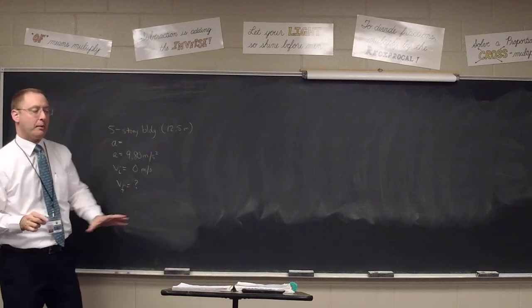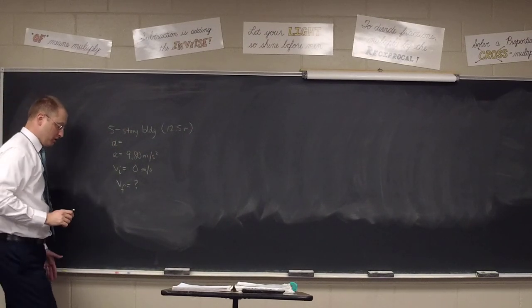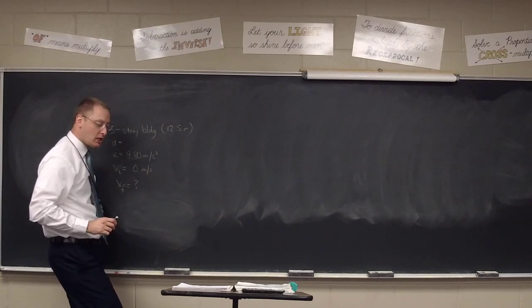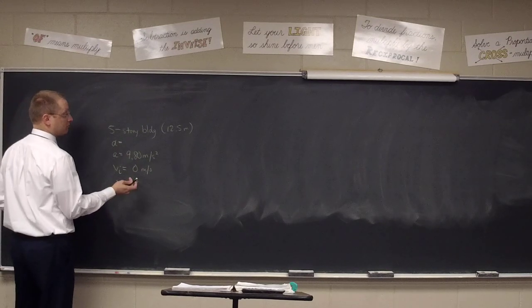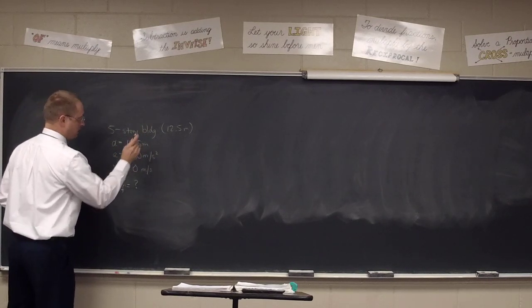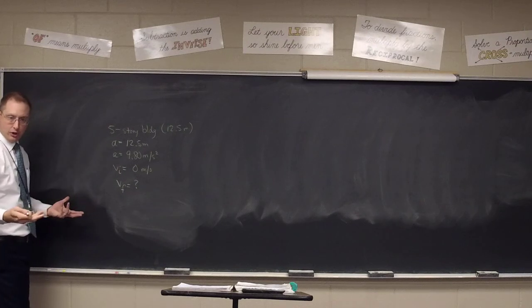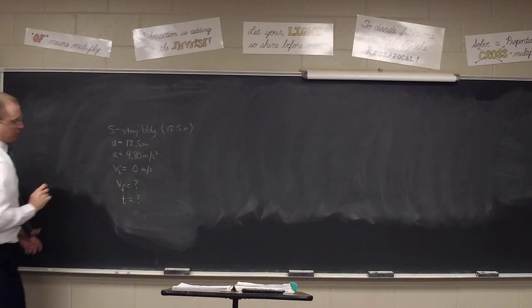It might have held it a little higher, but let's just assume it's right at building level, drops the brick, or maybe just pushes the brick off right to the edge, and then it falls down. All right, so the displacement of the brick is the 12.5 meters. I don't know how fast it's going to go the split second before it hits the ground, nor do I know how long it'll take to hit the ground. I don't know the time, but I can find both of these.